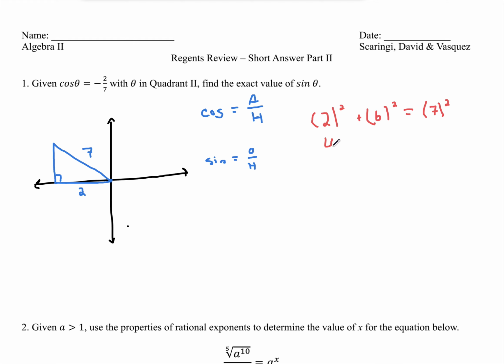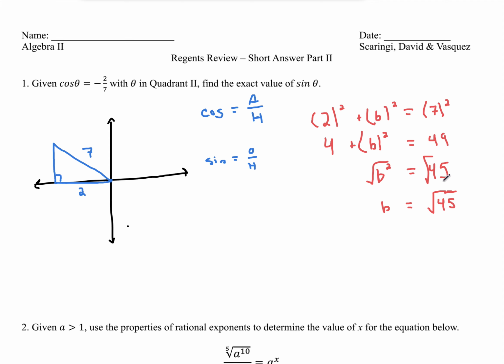So 2 squared is 4 plus b squared equals 49. If I subtract 4 on both sides, now I'm left with b squared equals 45. Take the square root, and b equals square root of 45.